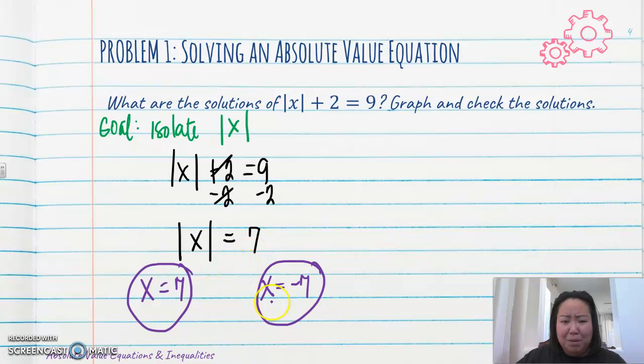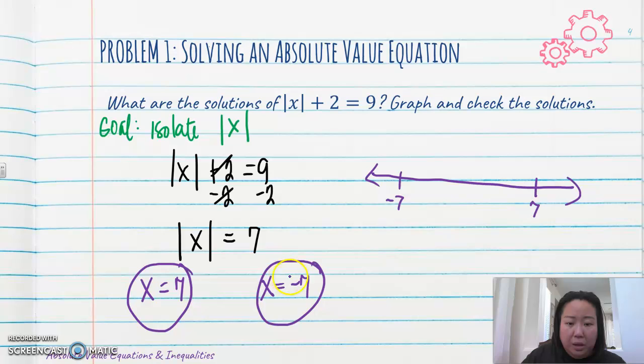So how are you going to graph the solution? Since you have 2 values of x, one at -7 and the other at +7, and they are equals, they are just solid dots.